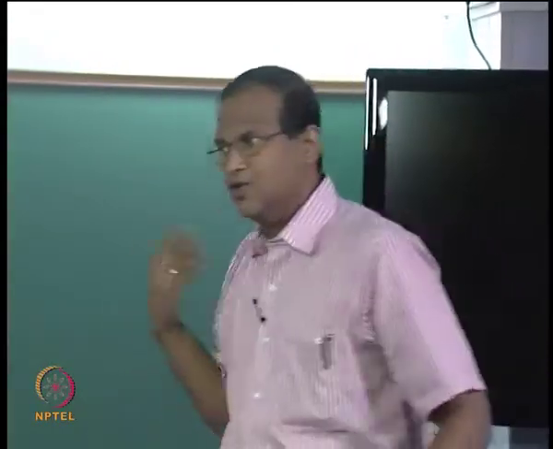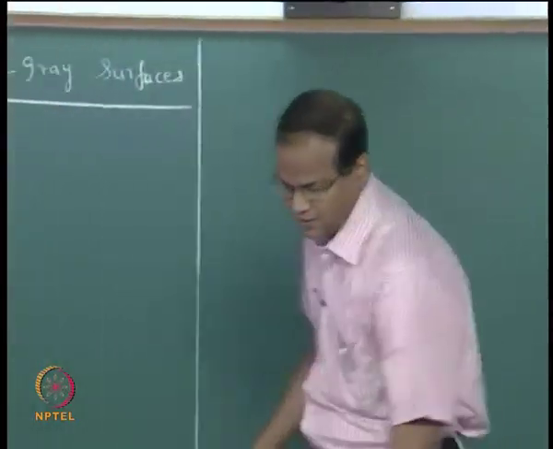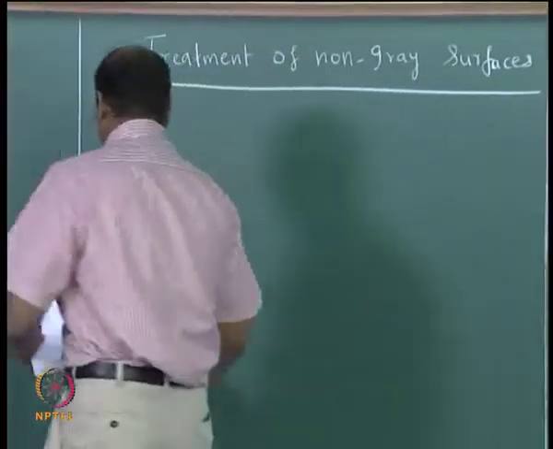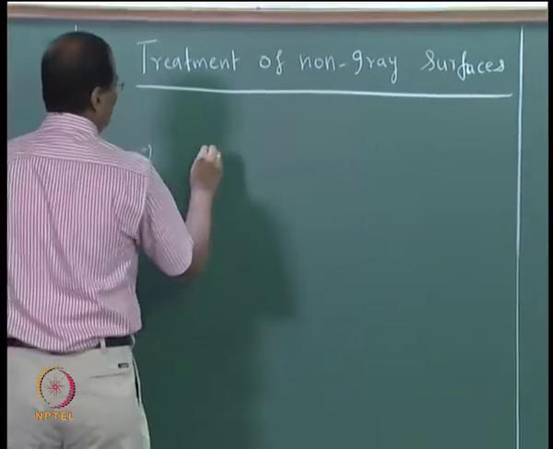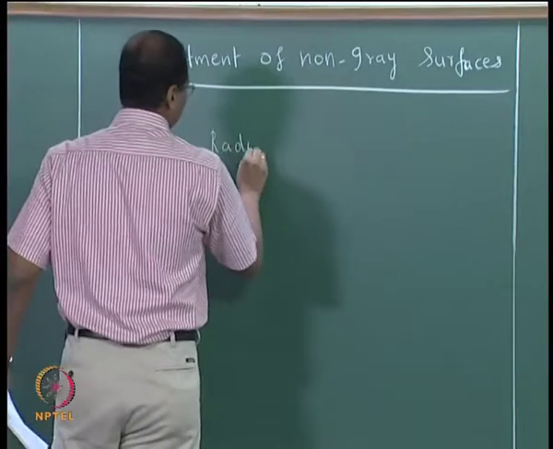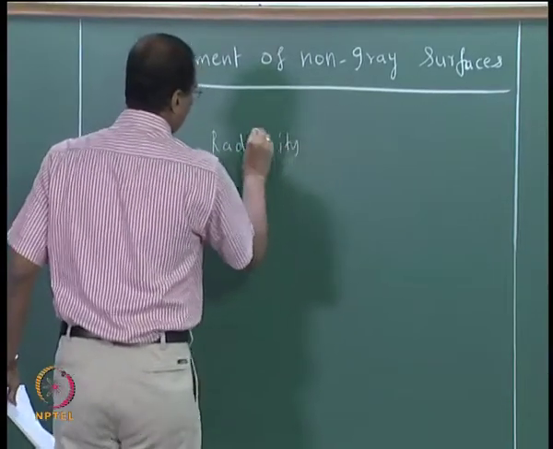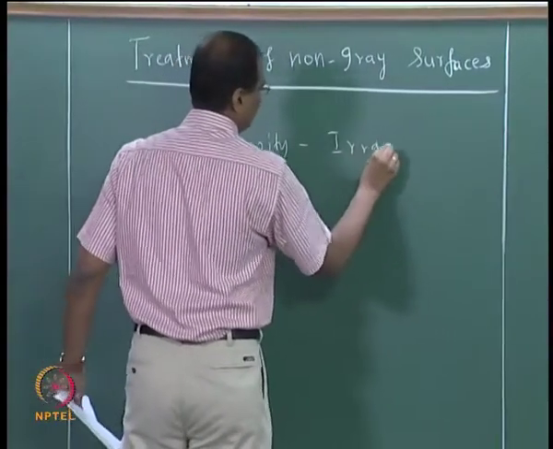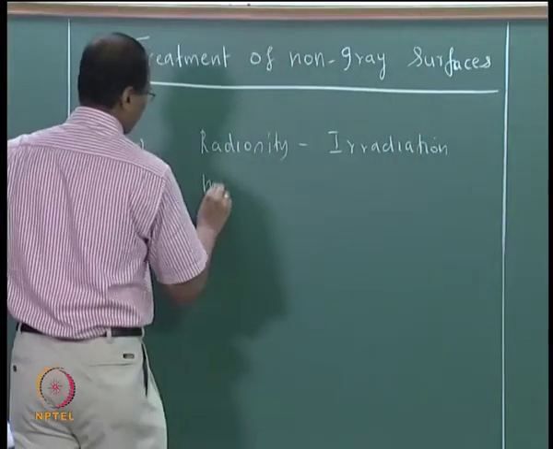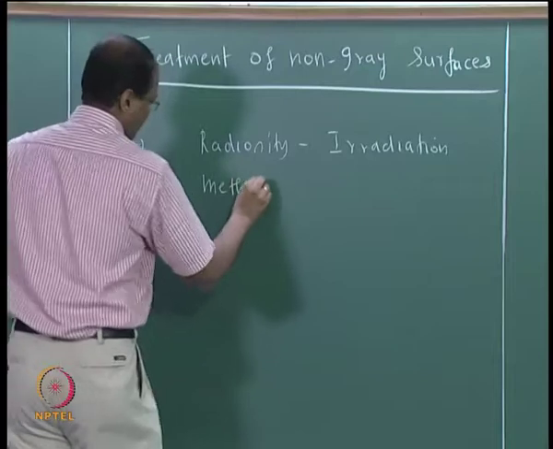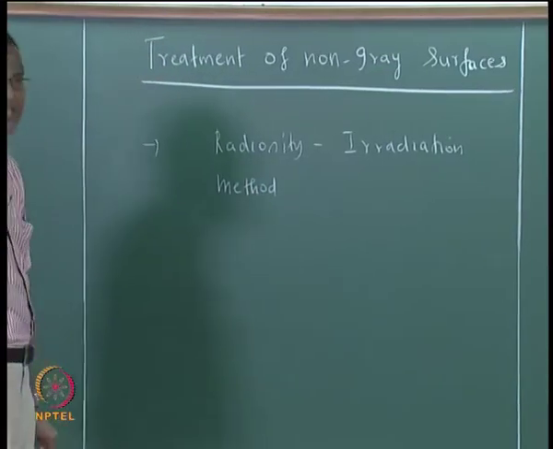There are some approximations, there are some approximate ways of doing this, so we will do this in today's class. So we now look at what is called the radiosity irradiation method needs to be modified.